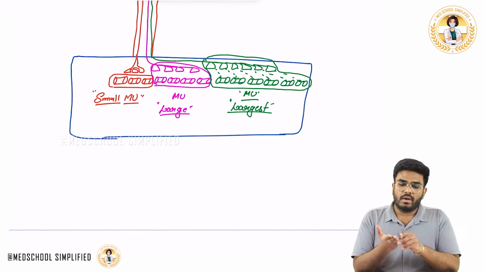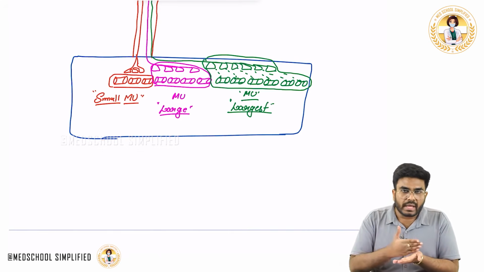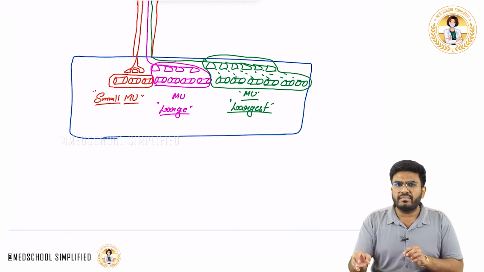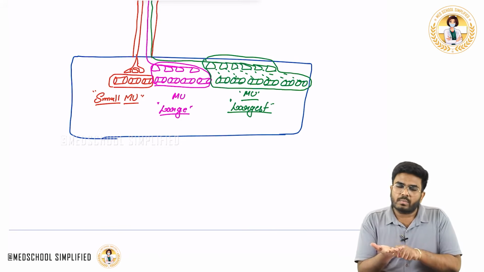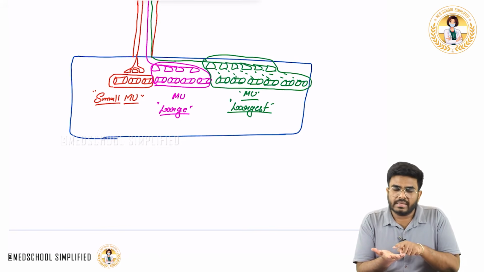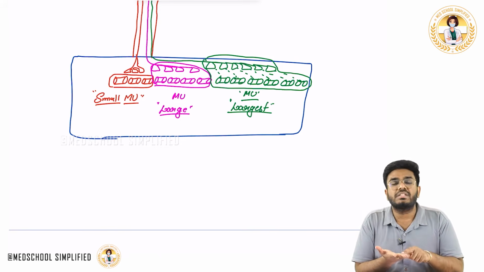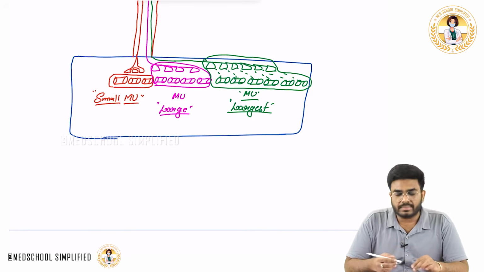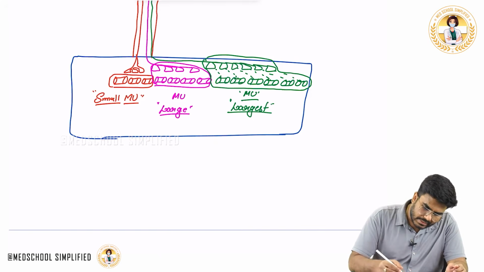How are they recruited? For any activity, first small motor units are recruited, later large and later largest. So this is something called Henneman's size principle.